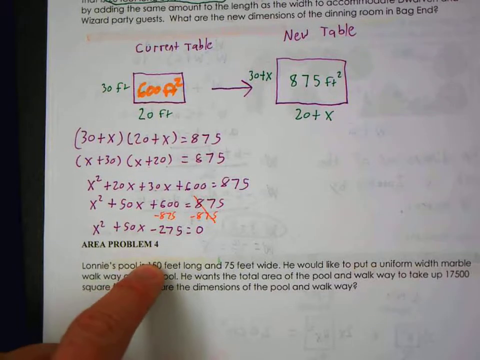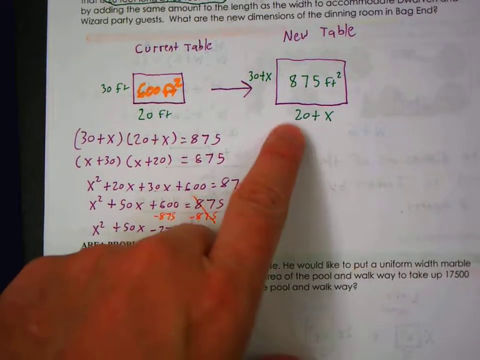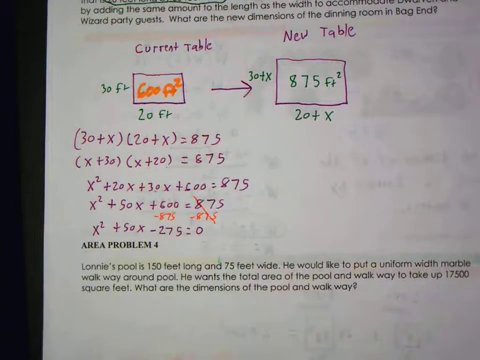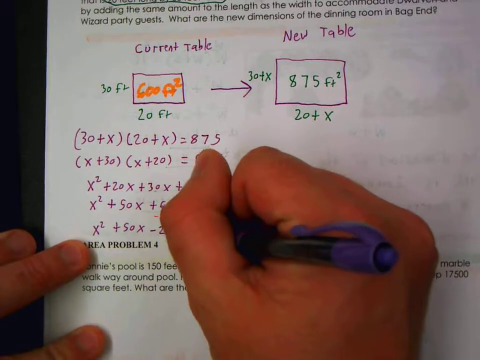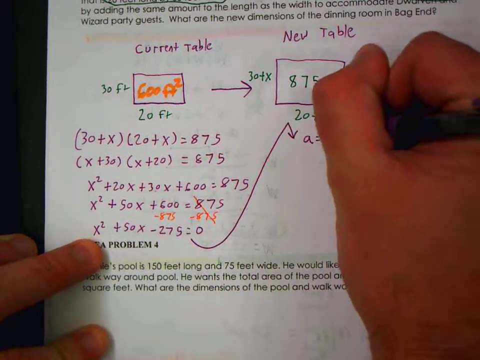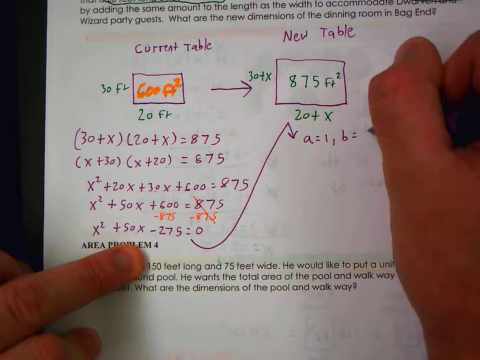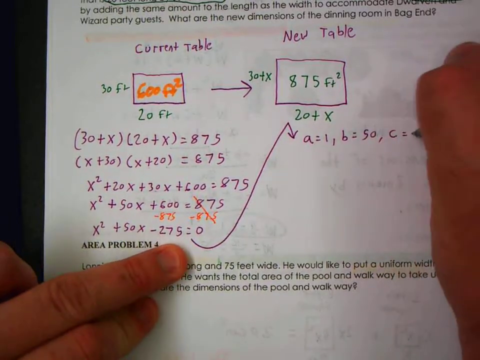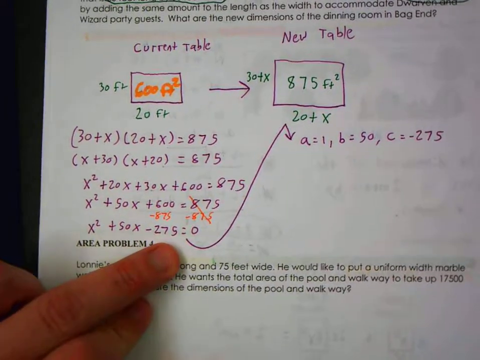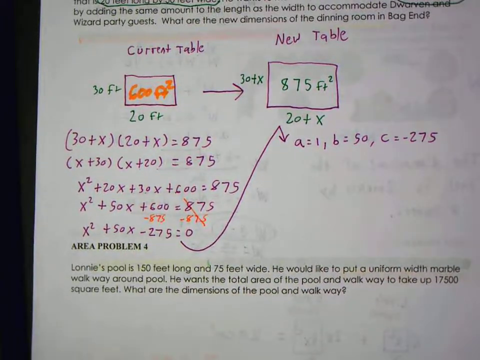But then that's going to spit out the x, which then we can just take the x plus 20 and the x plus 30, and that will be my new dimensions. So using this, A is 1, B is 50, C is negative 275. I don't have room for it, so I'll write it over here.